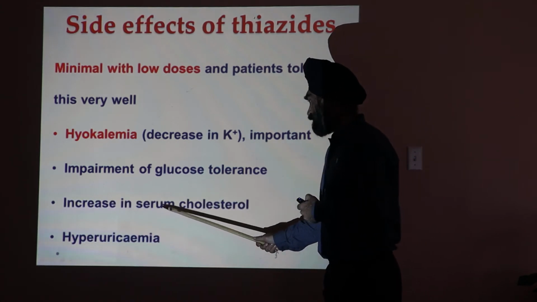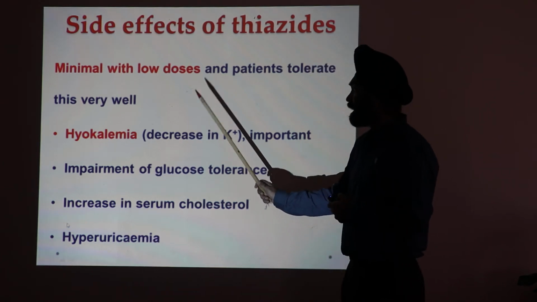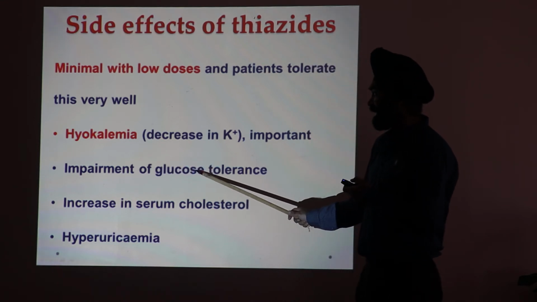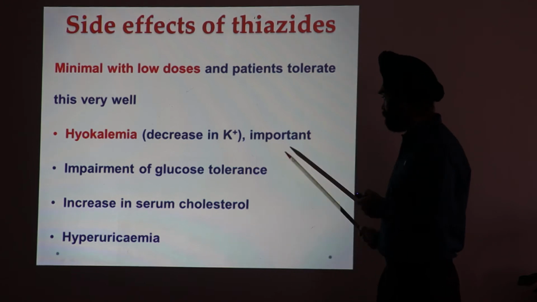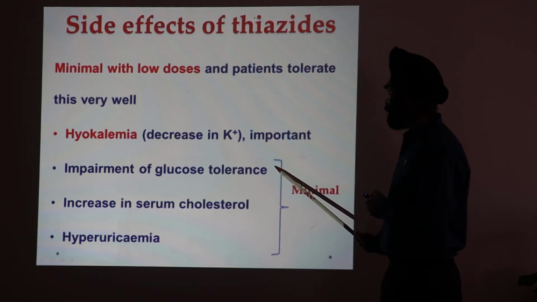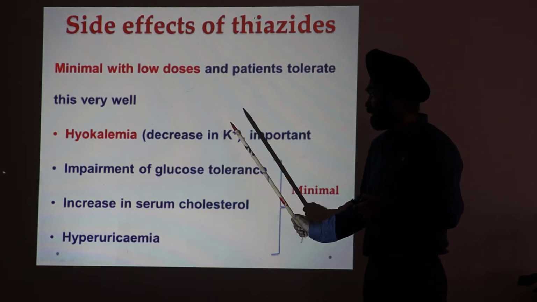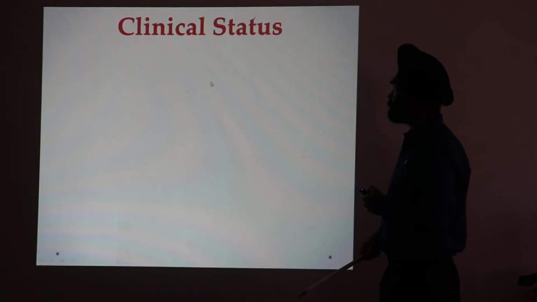They also increase the serum cholesterol level and produce hyperuricemia. So I am just repeating, they cause a reduction in the potassium level, and these effects, glucose impairment, cholesterol changes and hyperuricemia, are minimal in these doses. But you have to remember, glucose intolerance, cholesterol changes and hyperuricemia may happen after a long period of time.